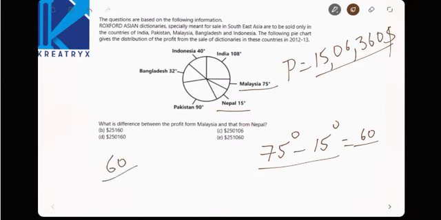Normal calculation: 60 degrees by 360 into 15,06,360. 1 by 6 into 15,06,360, divided by 6 will give you 2,51,060 dollars. So this is the difference between Malaysia and Nepal profit.